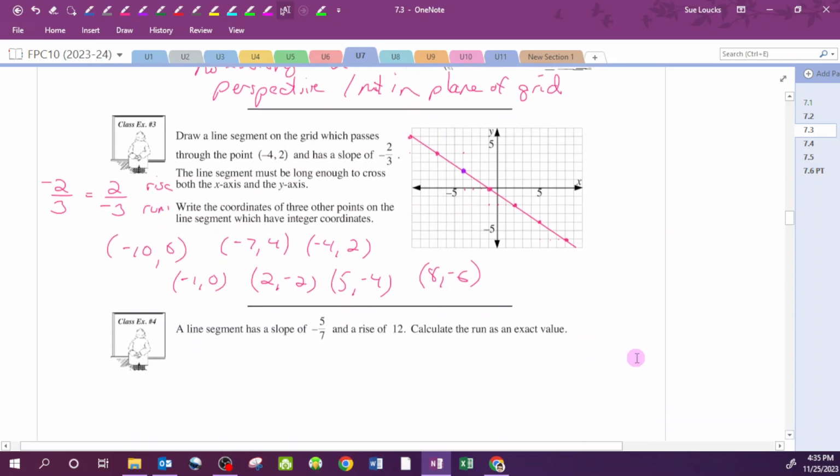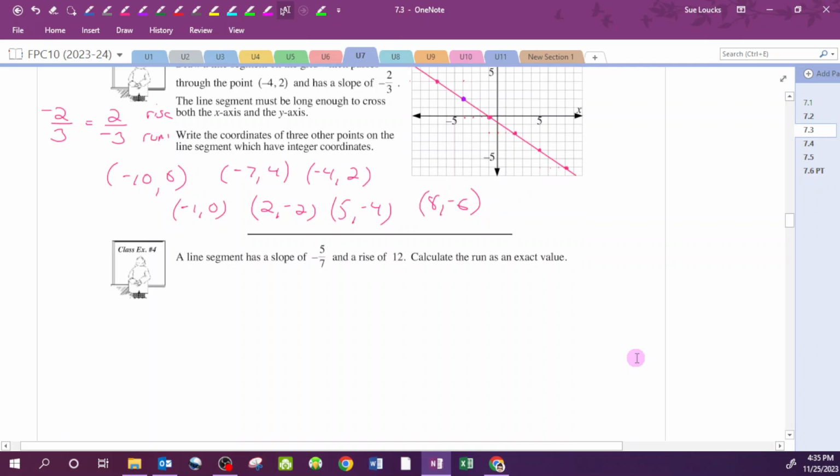A line segment has a slope of negative 5 over 7 and a rise of 12. Calculate the run as an exact value. This is a proportions question. Do you remember teachers telling you that proportions are super important? They use them all the time. Rise over run. Our slope is negative 5 over 7.